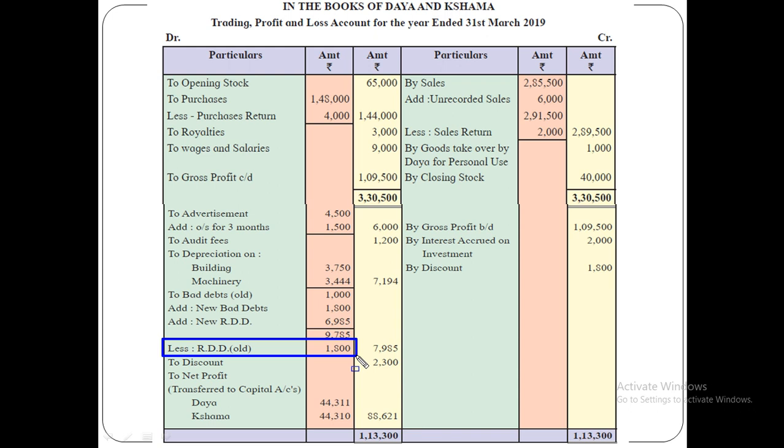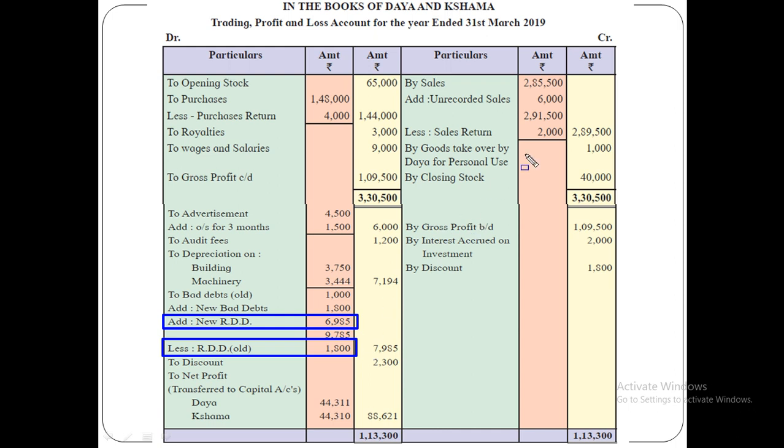Here our new RDD is rupees 6,985. So this is a bigger figure than 1,800. So we are deducting this figure from the total of bad debts, new bad debts and new RDD. The figure is 9,785 and old RDD is 1,800.